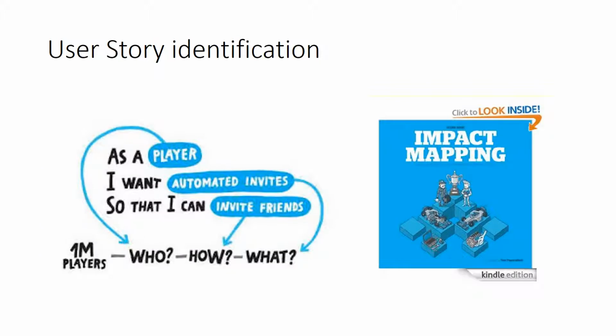One of my favorite user story definition processes is called impact mapping. There is a book and a website about this process, but the idea is very simple. Usually when we start defining anything, we very often go directly to what we want to build, to functionality.